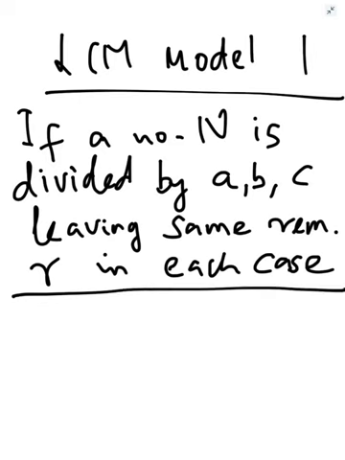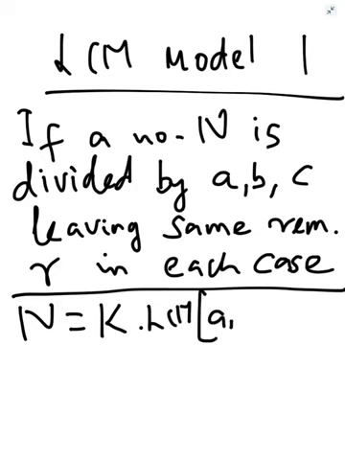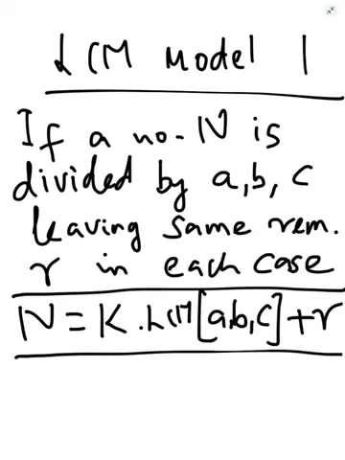The general equation of n can be written as k into LCM of the different divisors a, b, c plus r. K into LCM of a, b, c plus the remainder r.